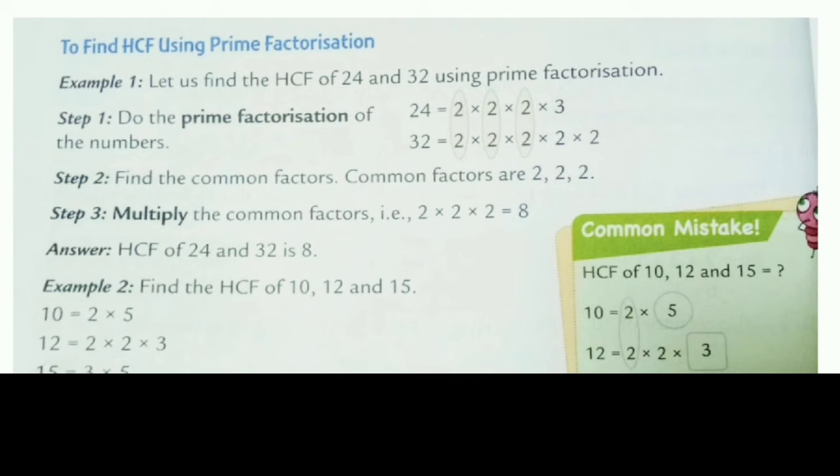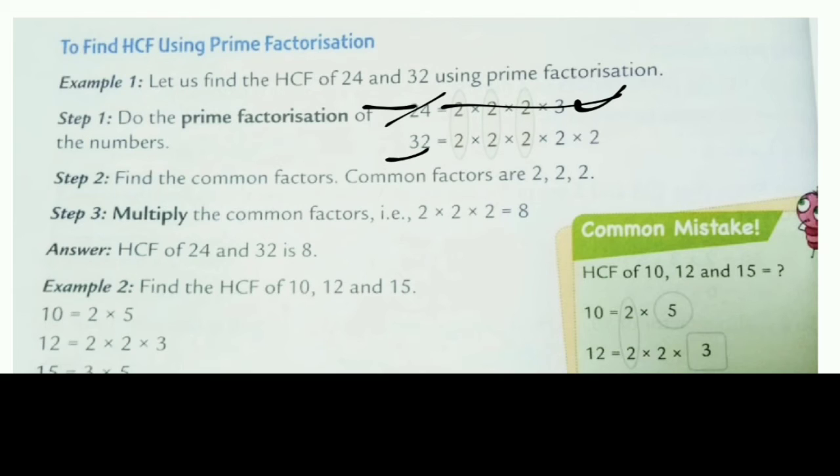Find the HCF of 24 and 32 using prime factorization. So first we find the prime factorization of 24 and 32. We can use the tree method also. So that will come 2 into 2 into 2 into 3.